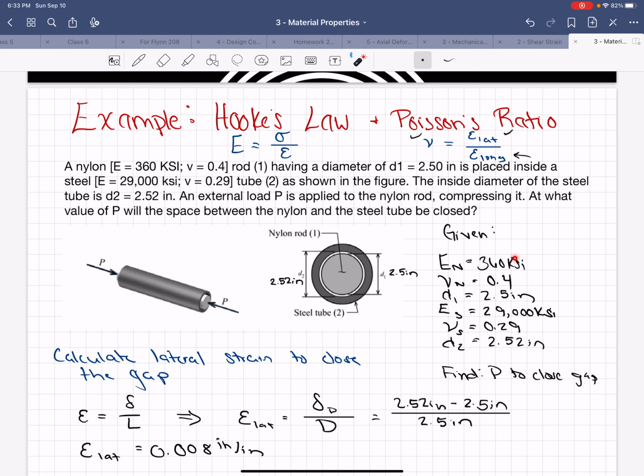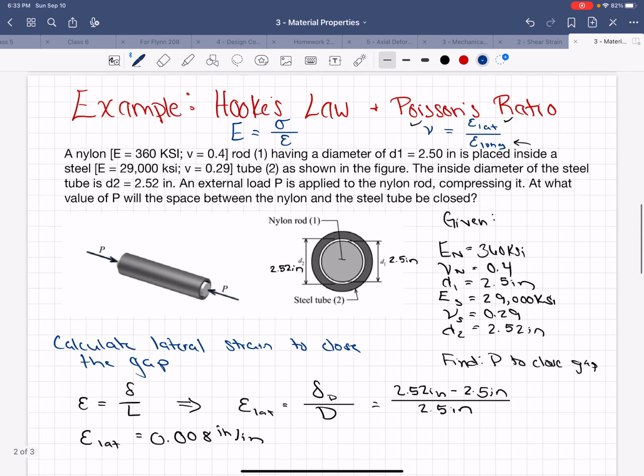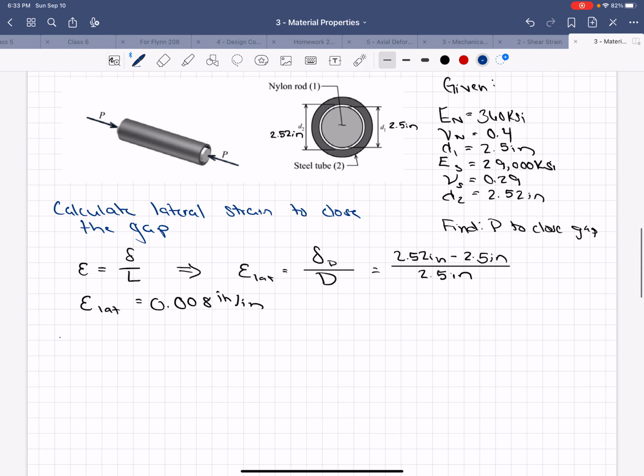We're only doing stuff to the nylon. Okay, so now we're going to calculate the longitudinal strain using Poisson's ratio.